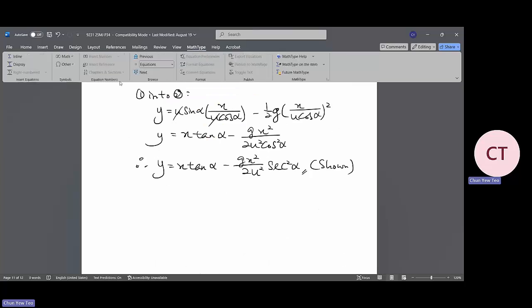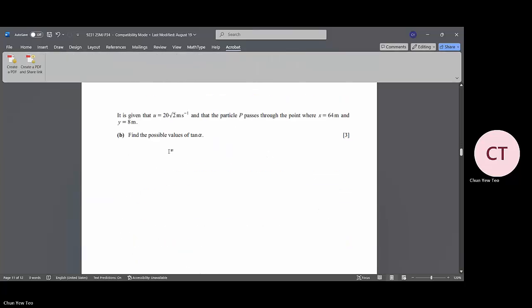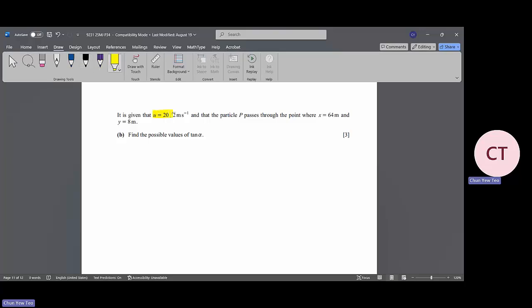Move on, we have 3b. It is given that u is equal to 20 root 2 meters per second and that the particle P passes through the point x equal to 64 and y equal to 8. Find the possible values of tan alpha. Okay, so given u equal to 20 root 2 at the point 64 and 8.